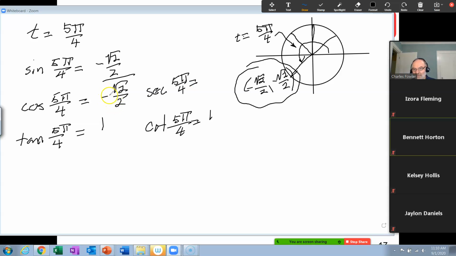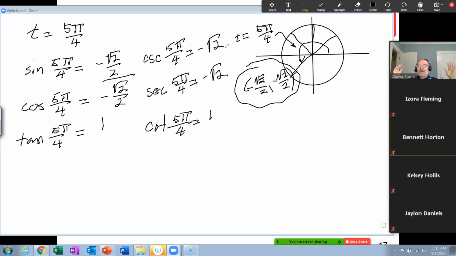Now remember, the other way of writing cosine would have been minus 1 over root 2, but we rationalized to get this, so this just becomes minus root 2. That's it. And guess what? The cosecant of 5/4 pi, the reciprocal of that, is the same thing, minus root 2.